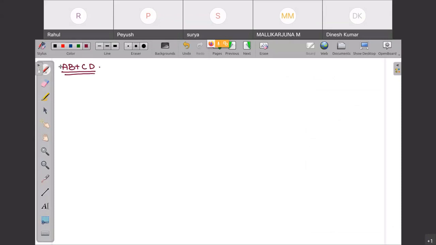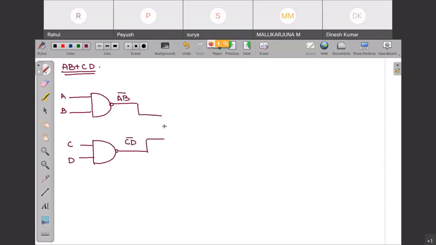Look, for constructing such kind of structure, this will be AB complement dot CD complement whole complement.